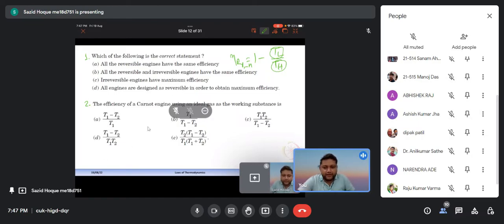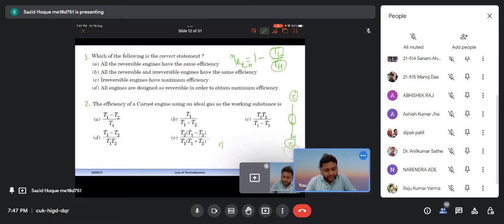Here, the efficiency of a Carnot cycle. Here the option, I think which is the correct option, two is also A. It's the same question. Here we are asking about the efficiency of the Carnot engine, where the engine is operating between two temperatures T1 and T2.